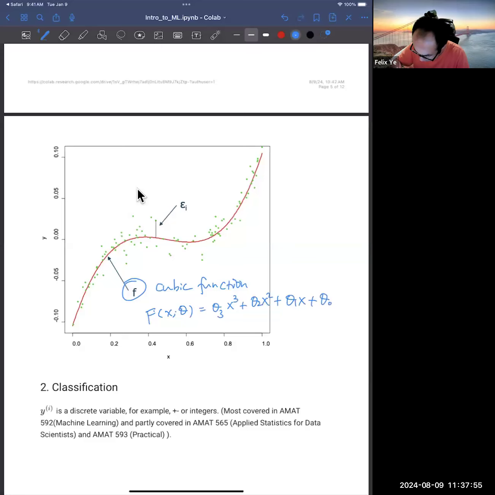So basically your theta is nothing but theta 3, theta 2, theta 1, theta 0. We want to find the optimal theta, corresponding to the coefficients of this cubic polynomial. And this is my prediction right here. So my epsilon i is basically the deviation from my prediction. This is usually considered an error here.